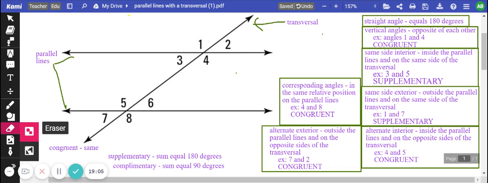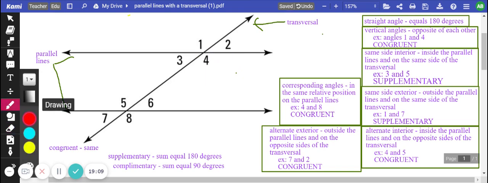Now let's say that it gave us angle 5 was 150 degrees, because obviously it's an obtuse angle, so it has to be more than 90. So 150 degrees. And it asks us to find the measure of angle 3.